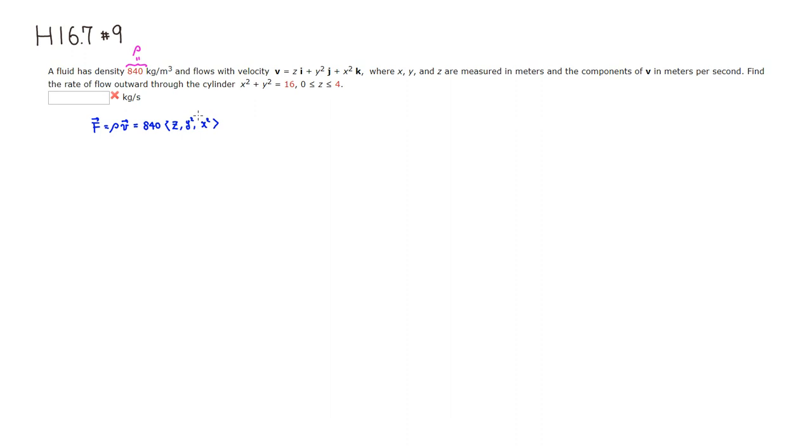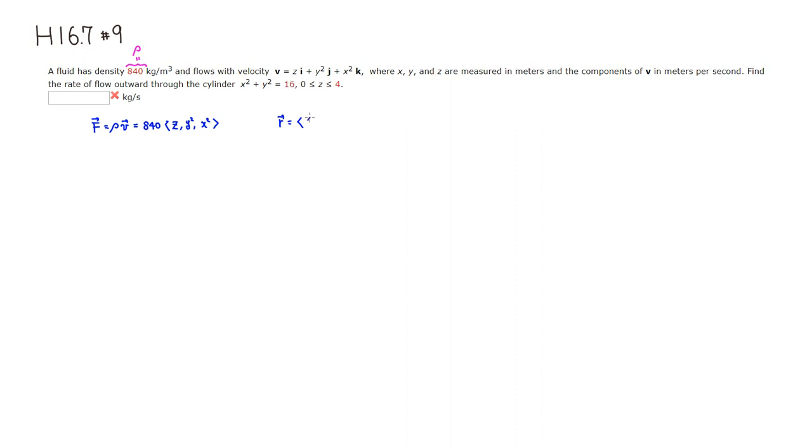Then we're talking about the cylinder here, so we have to come up with the parameterization of the cylinder. We can probably just use cylindrical coordinates, and in this case the radius is 4, because 4 squared is 16.